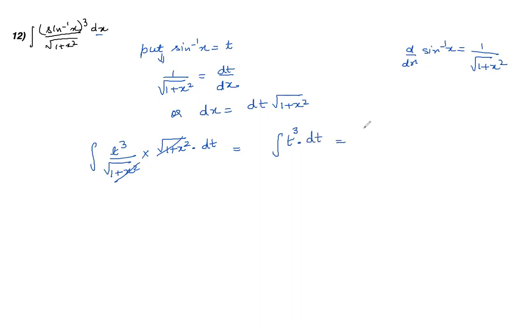That is equal to t raised to 3 plus 1 upon 3 plus 1 plus c. So the final answer would be t to the power 4 upon 4 plus c. I'll substitute the value of t again. That is equal to sin inverse x raised to power 4 upon 4 plus c. So this is the answer for question number 12.